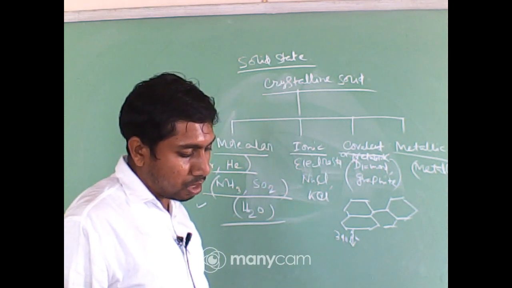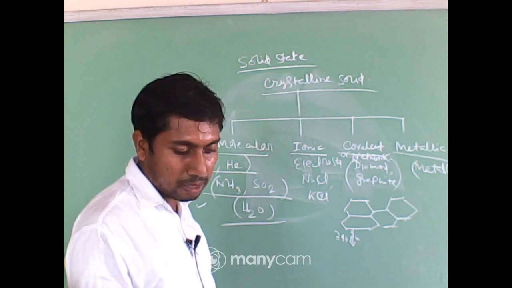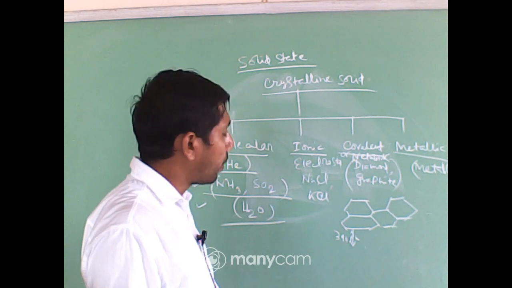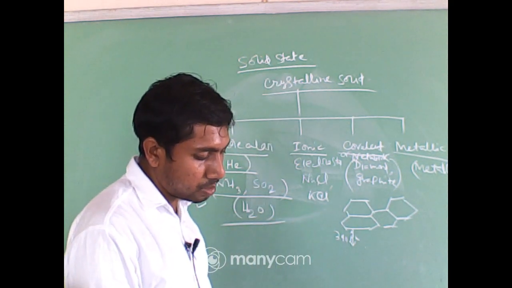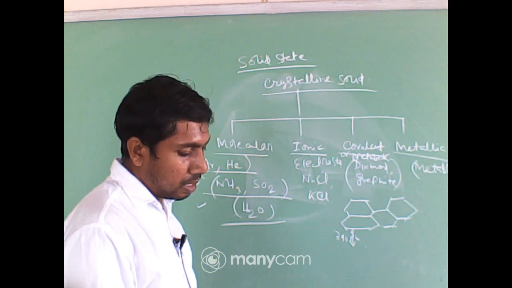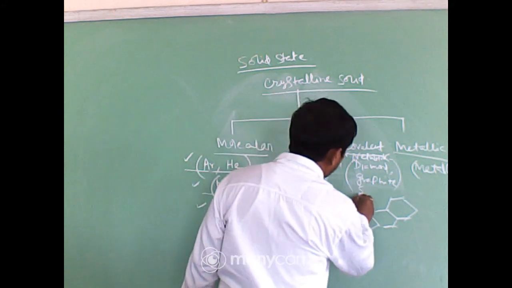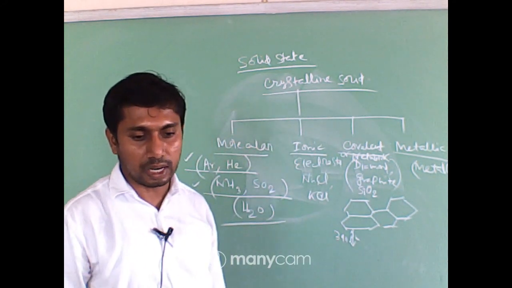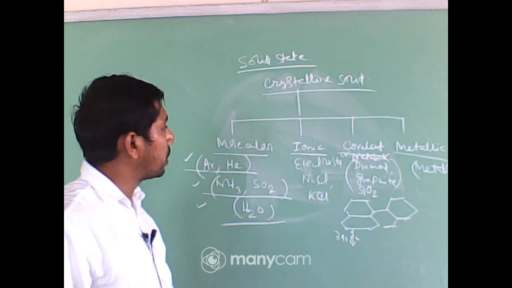Next one, ionic solid, that is ions: sodium chloride, magnesium oxide, zinc sulfide, calcium fluoride, etc. Next one, metallic solid: iron, copper, silver, magnesium. Covalent solid, that is atoms connected by covalent bonding. Examples are carbon as diamond, carbon in graphite. Also the examples are SiO2, silicon dioxide, which also forms a polymeric structure. So, these are the examples and also the classification of crystalline solid.